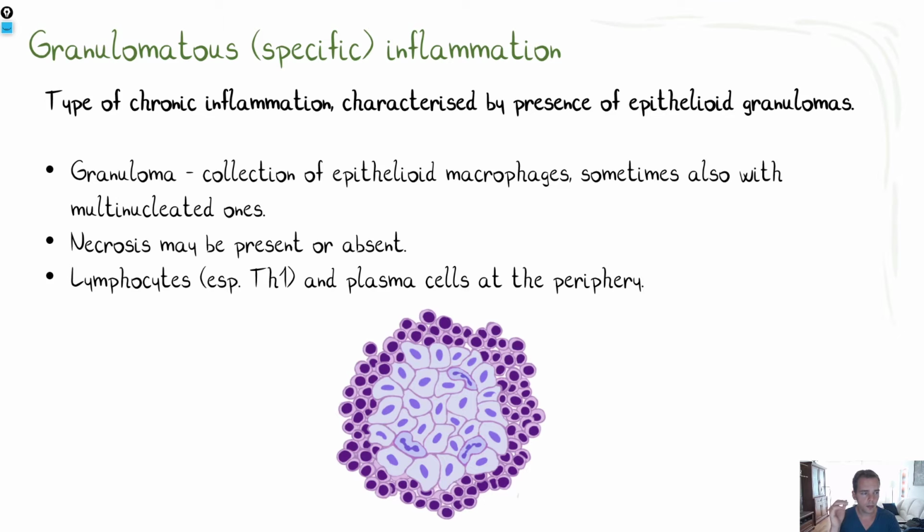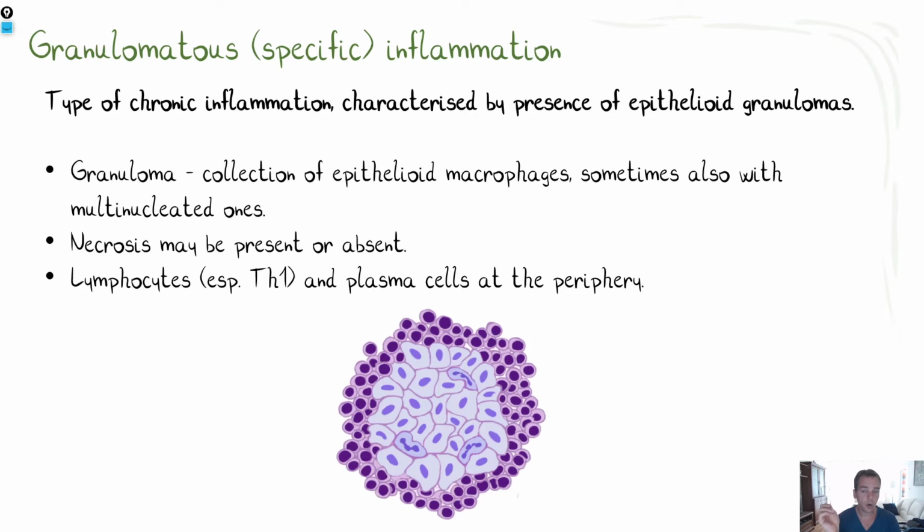So in previous decades we were able to tie the specific disease with granulomatous inflammation. If we saw granulomas in histology, we were usually able to tie it to a specific disease, specific infection. So that's why we used to call it specific inflammation.